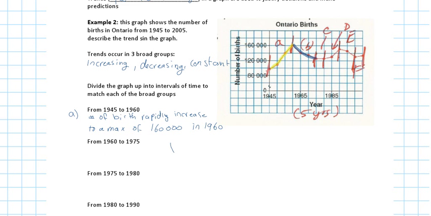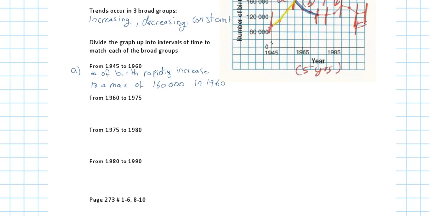So we see a rapid decrease, then a slow decrease after. So the number of births decreases rapidly, then more slowly.